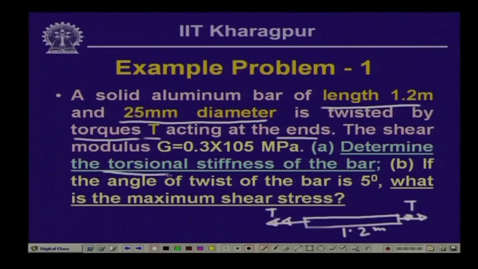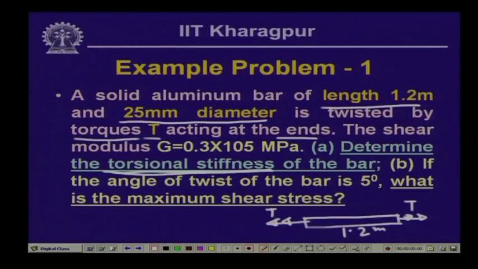Now, in the light of the discussions we had today, what will be the torsional stiffness when it is subjected to a twisting moment T? As we have defined, torsional stiffness is the twisting moment required to produce unit rotation, and the value of which we have seen as GJ by L, and we have to compute that quantity so that we know how much is the torsional stiffness.